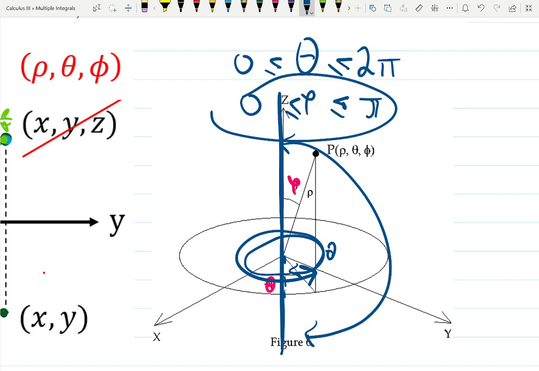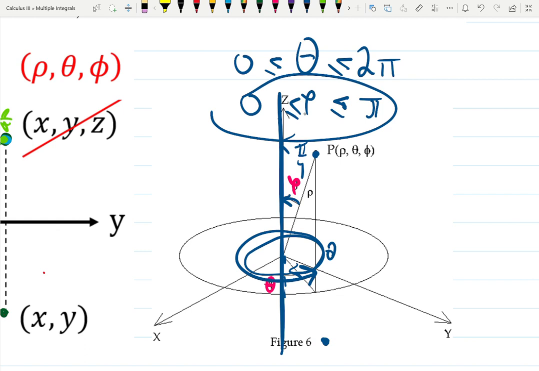There should be no extra overlapping. So if your point is here, this phi, for example, is pi over 4. If the point is here, you have to recalculate this angle again. What is that? Pi over 4, I would say 2 pi minus pi over 4, something like that.